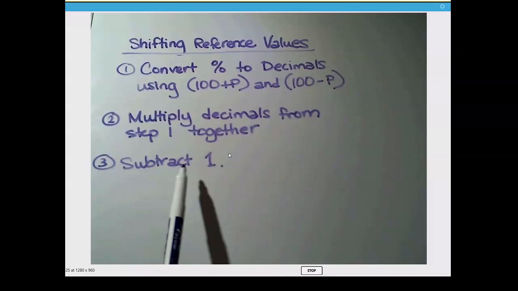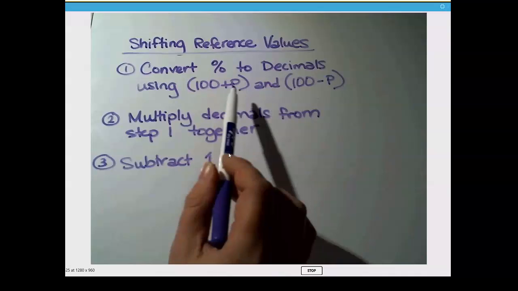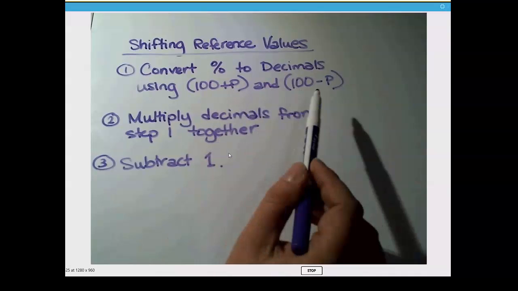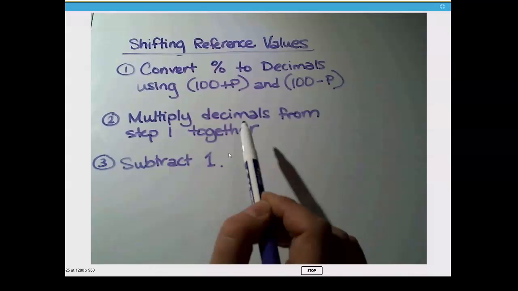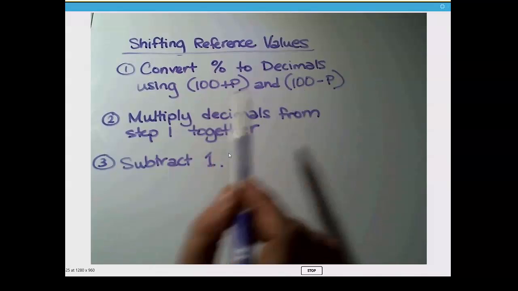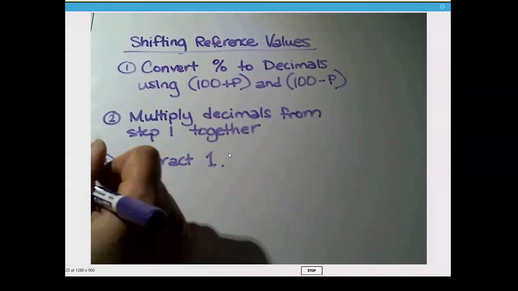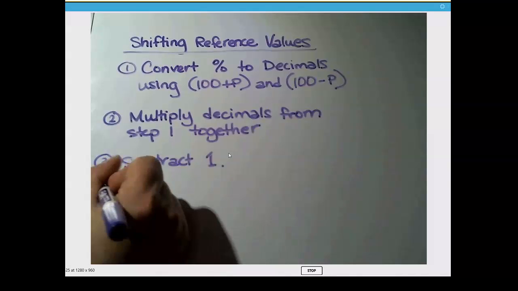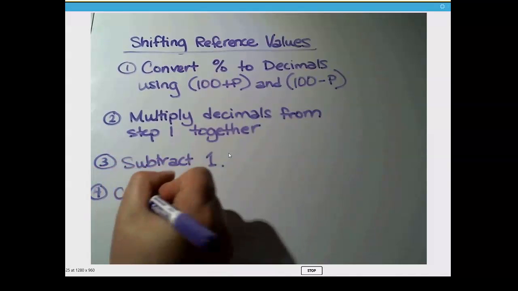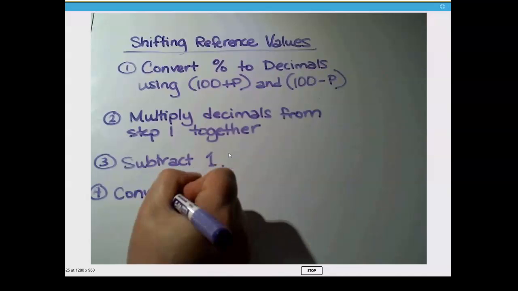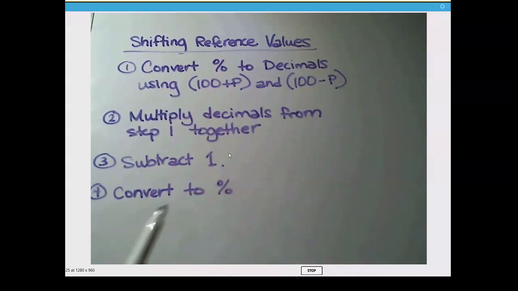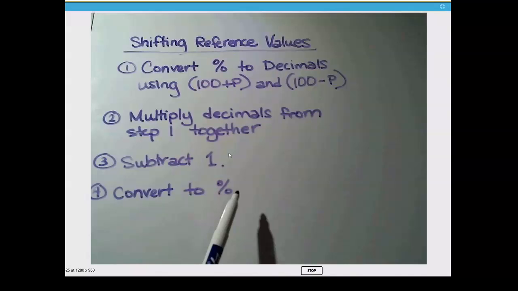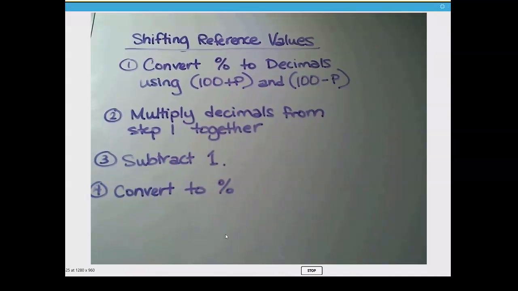We're taking the 1 back off that we manipulated up here with the 100 plus and the 100 minus. We're undoing what we did right here to get us back to where we want to be. And then we're going to convert back to percent form. And that'll tell you what we really are at when we end.